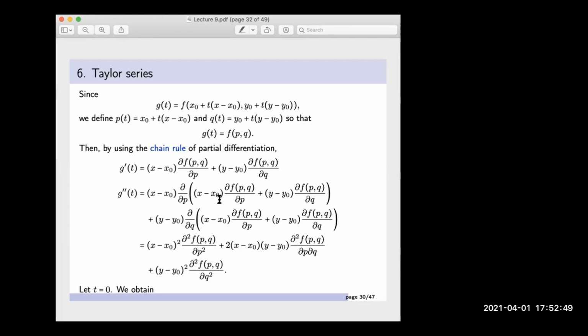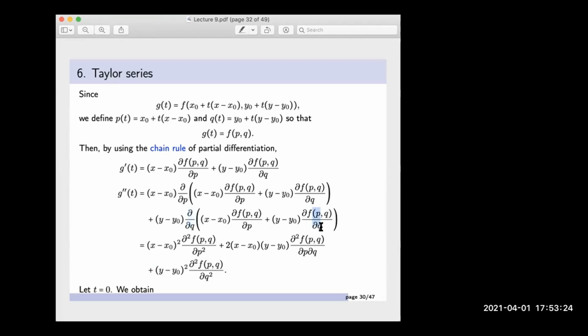Here you also get a mixed second order partial derivative. So this and this are actually the same. That's why you have a coefficient 2, because this term is exactly this term. They are the same, so you get 2 of such terms. And you also get a third term. You consider the product of this. You have the square of y minus y0, and you have the second order partial derivative in q.